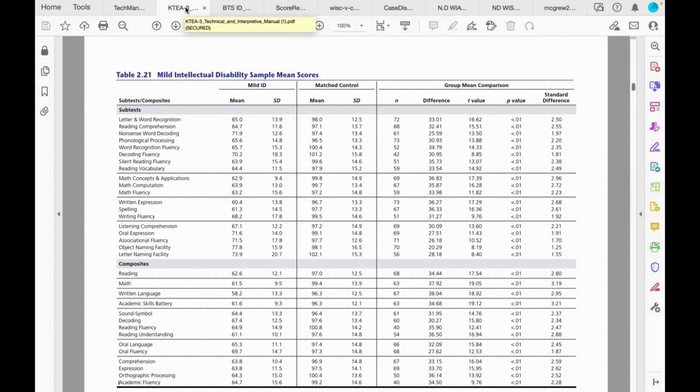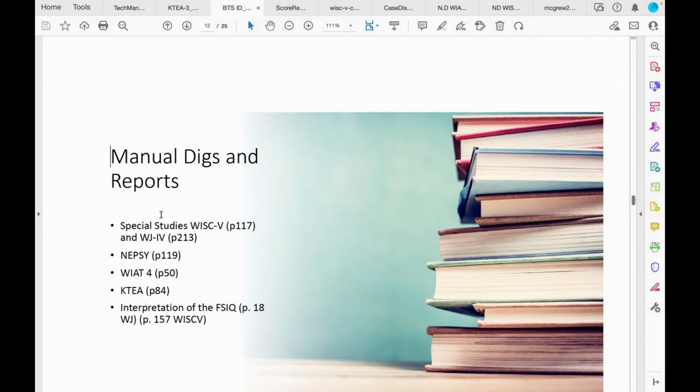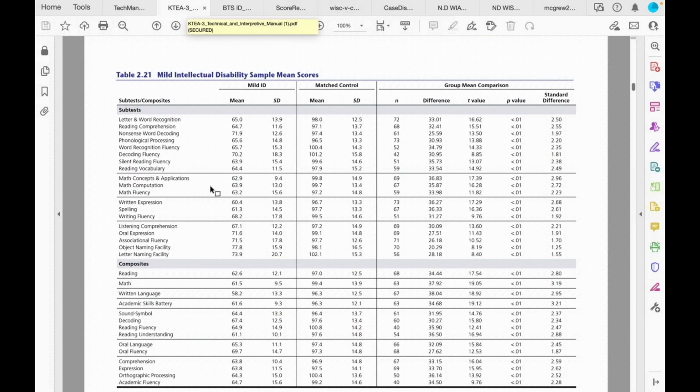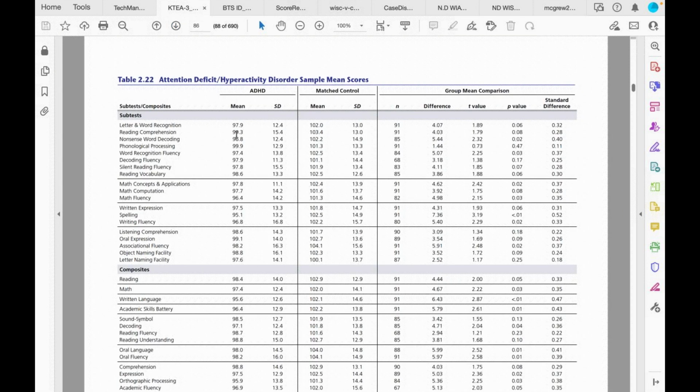All right, let's look at some other things, some manual digs and reports. Let's look at some special studies. This is a WJ4. This is the technical manual, page 213 of the WJ4. And what test companies, test publishers do, is they do special studies.